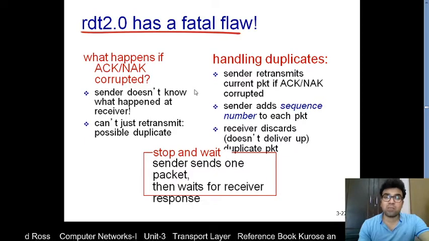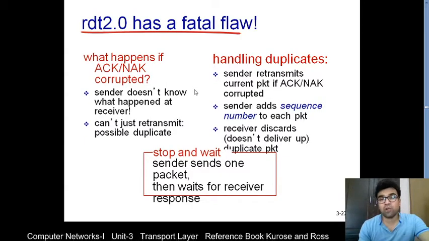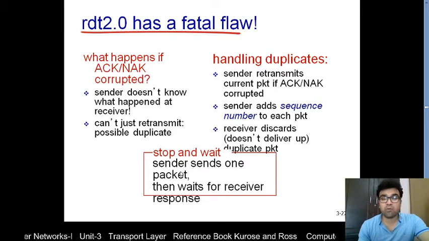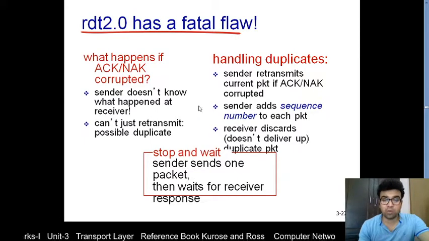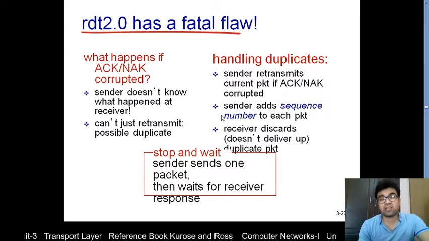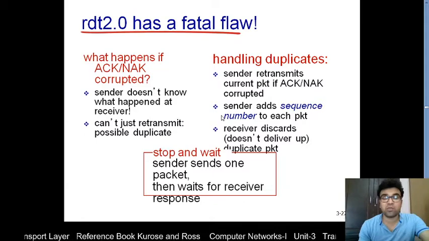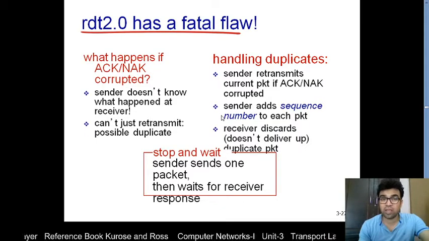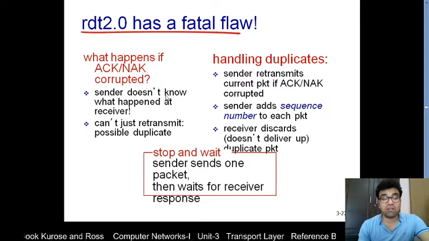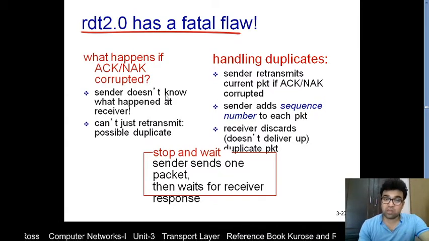So this is the main problem of this protocol, which is also called a stop and wait protocol, because in this protocol the sender sends the data and then waits for the acknowledgement. Without the acknowledgement of the last sent packet, the sending side will never send the next packet to the receiving side.